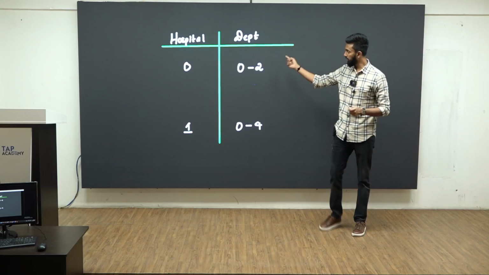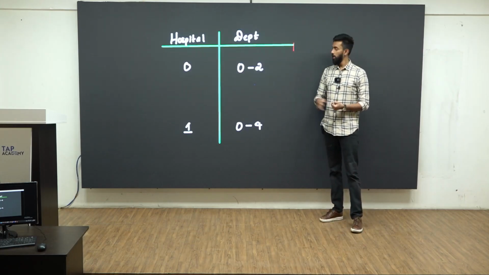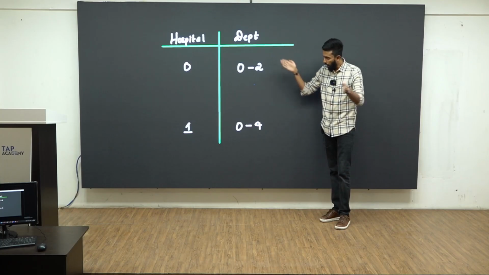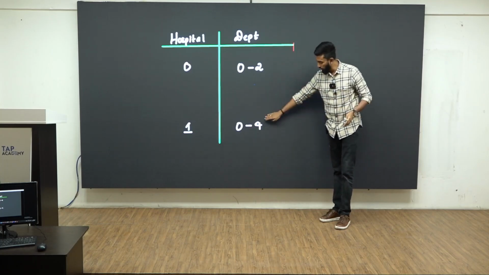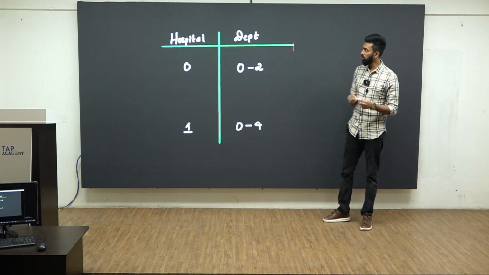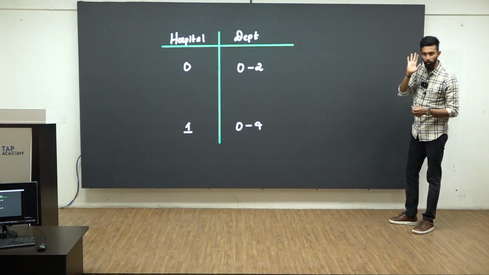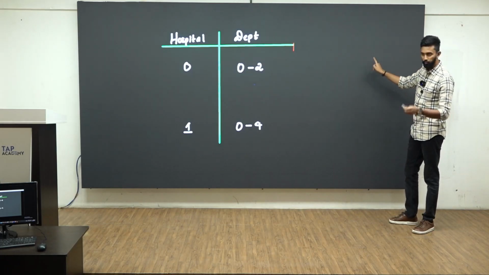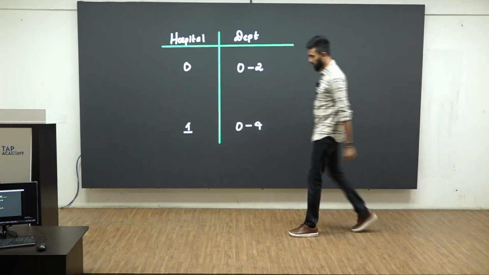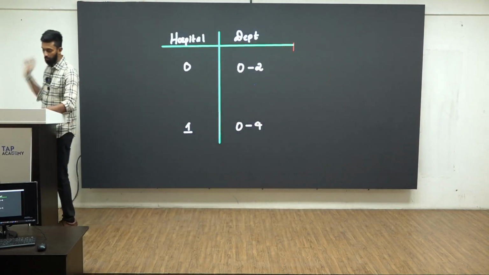Because every hospital doesn't have equal departments. Yes or no? If you tell 3, under allocation. If you tell 5, over allocation. Yes or no? Now what I want you to do is, it is just 3 lines of code that you need to write. Create a jagged array for me. All of you try in your book. Try to create a jagged array. If you create it, it means 100% you have understood.